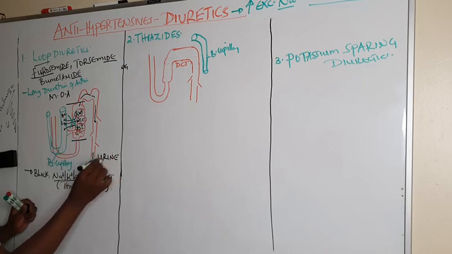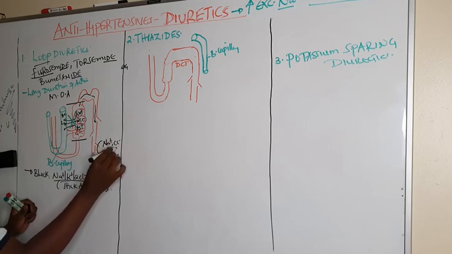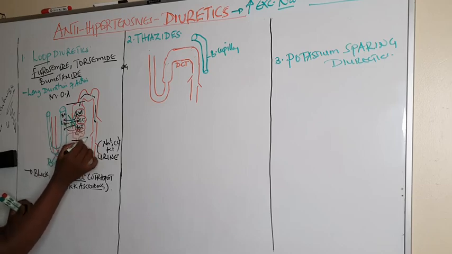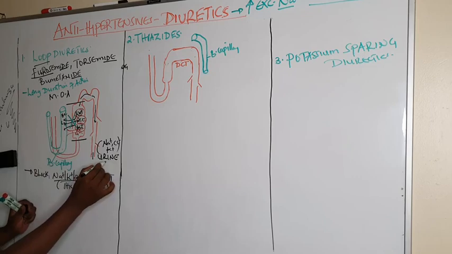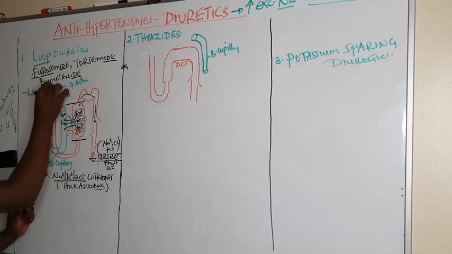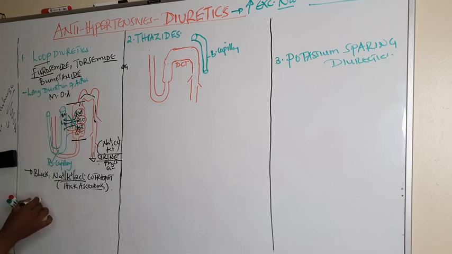So the urine we are losing contains much sodium, chloride, and potassium. And remember, when we stop potassium and sodium from going inside, we force magnesium to come in, and sometimes we can easily lose magnesium and calcium. All of these are lost in urine. And there is excessive or frequent urination when these drugs are taken.